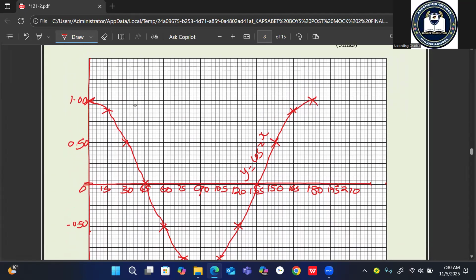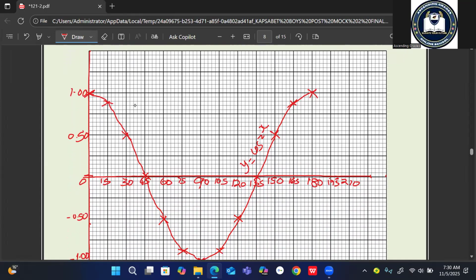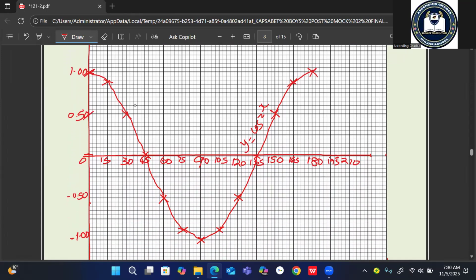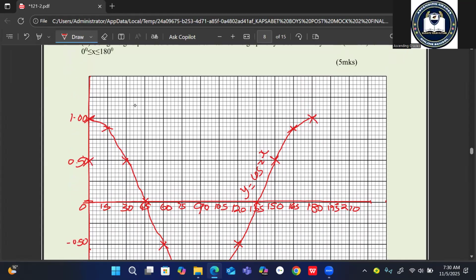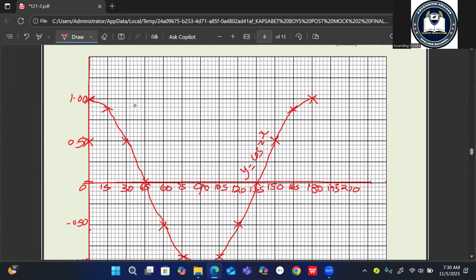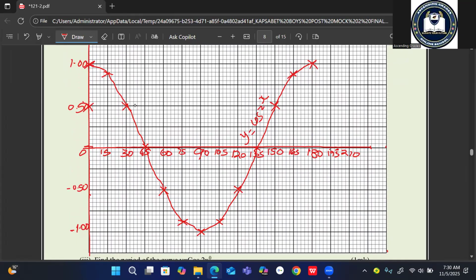We begin with the first one, 0, 0.5. It's there. The next one we have 15, 0.71, has to be there.